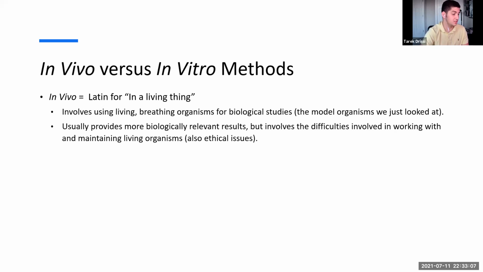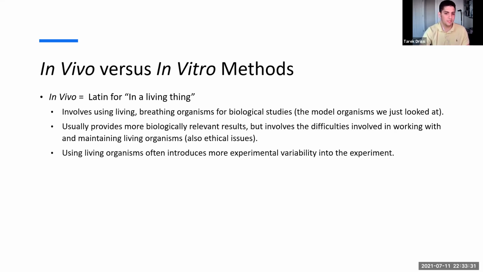You have to make sure they're not in distress, because if they're stressed out, hurt, or injured, if you're not treating them well, you're also going to mess with your results, because a stressed animal is different from a healthy animal. So we have to maintain them and treat them well. And that brings about ethical issues as well.